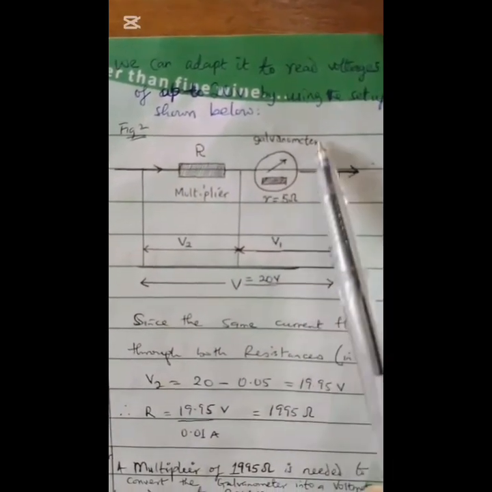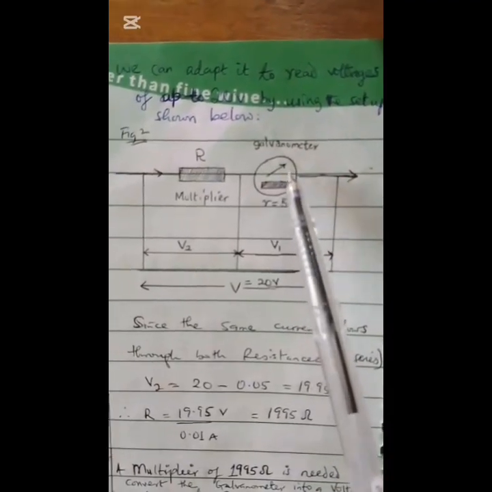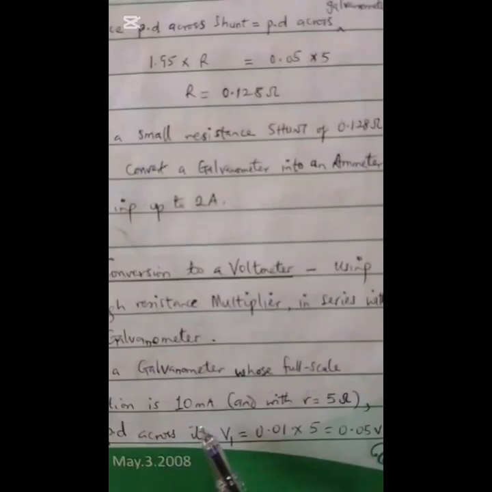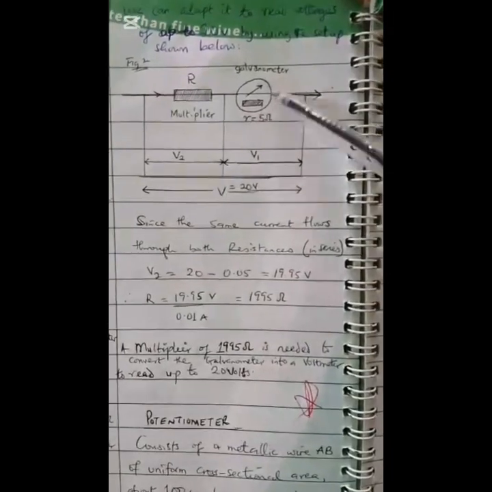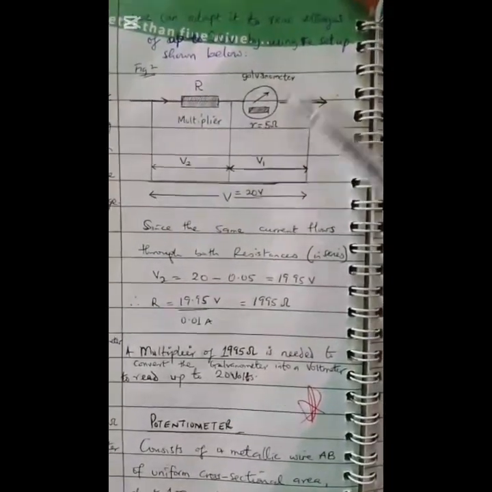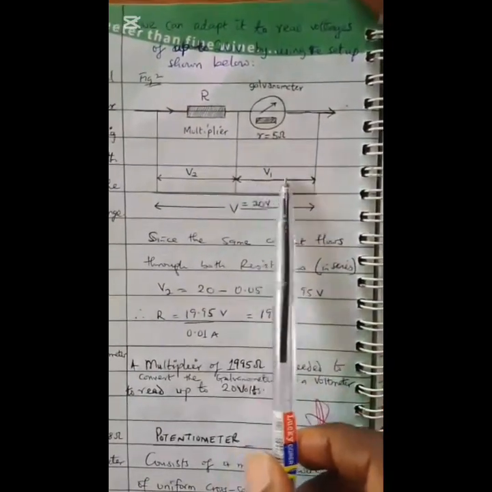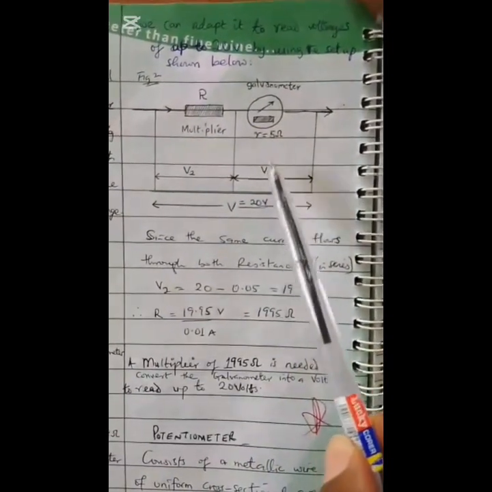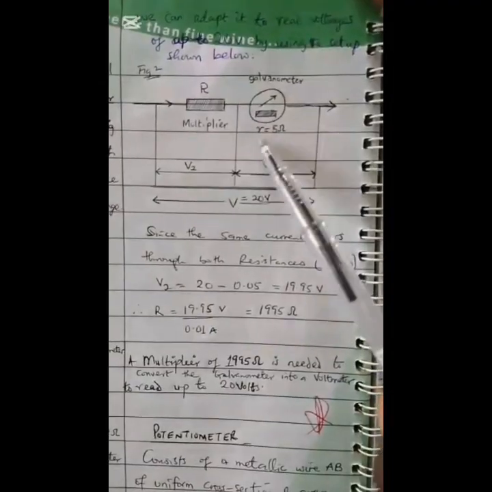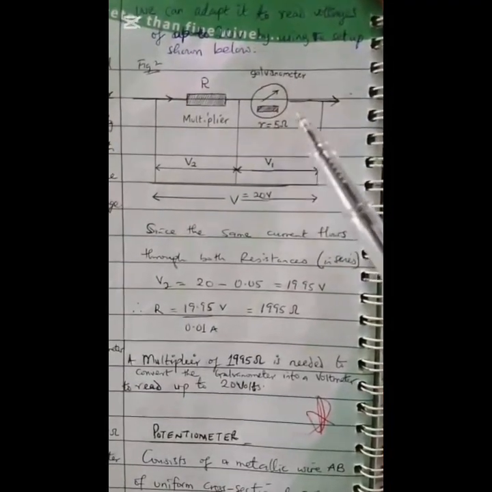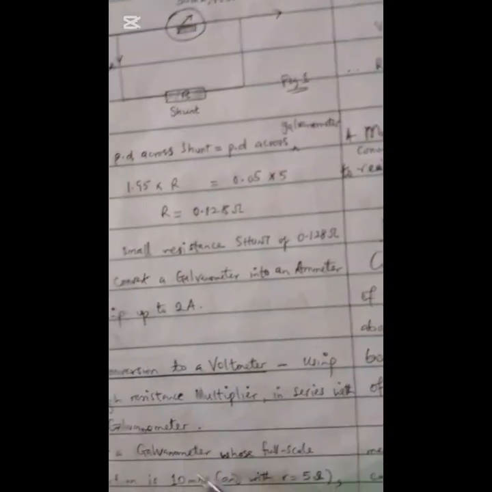So I know that our galvanometer can only take 0.05 volts. We just calculated it from here, that's current times resistance. So the galvanometer is going to take a voltage of V1. Remember from Ohm's law, V equals IR.